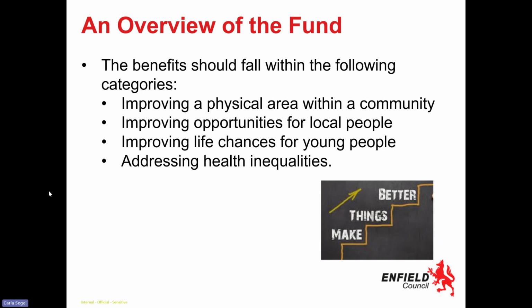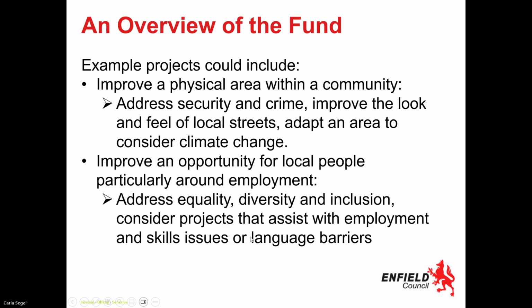Some examples of improving a physical area within a community could be addressing security and crime, improving the look and feel of local streets, or adapting an area to consider climate change.